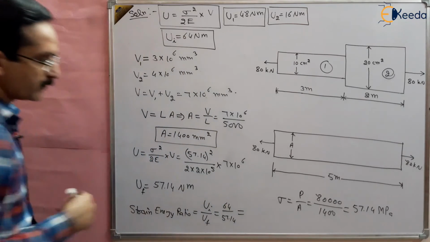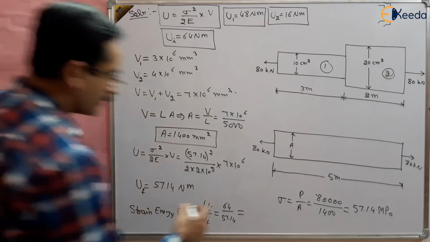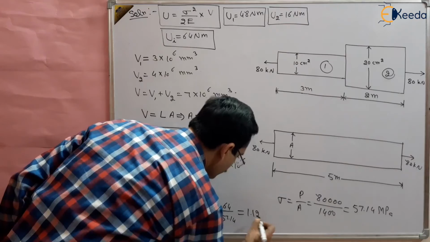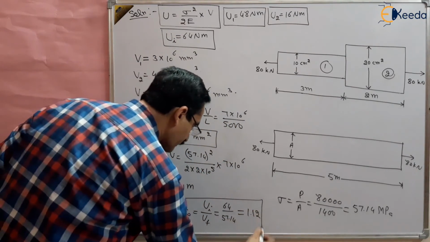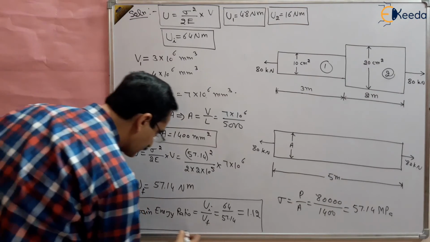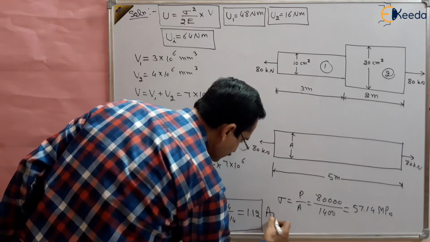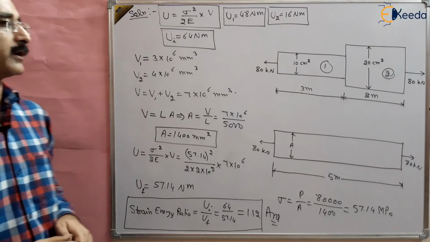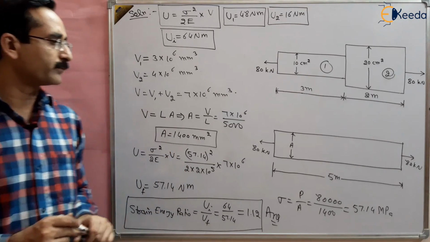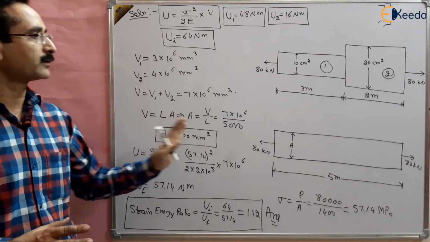This can be solved and it will come out to be 1.12. 1.12 is the strain energy ratio for the two specimens, right? So this is another answer of this question. So this is how we can find out the strain energy stored in case a direct load is applied.